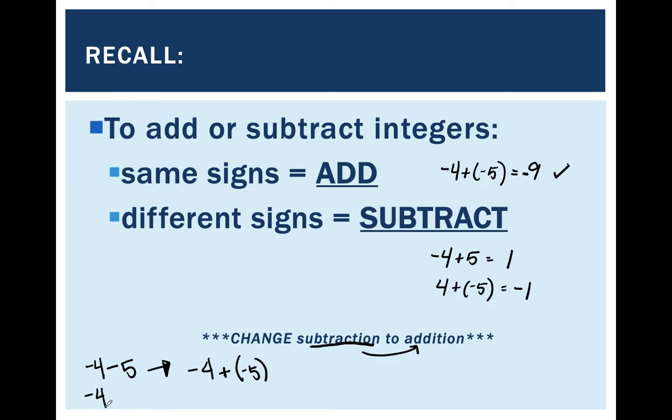Or you might see something like -4 minus a -5, which becomes -4 plus 5. That follows our second example. And then maybe we would have 4 minus 5, which is the same as 4 plus -5, which follows our third example.